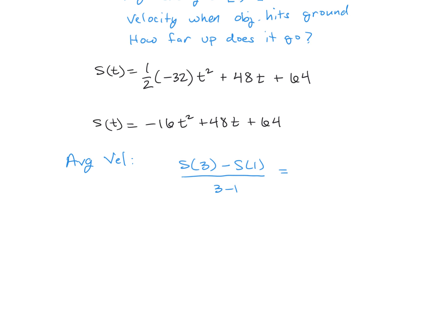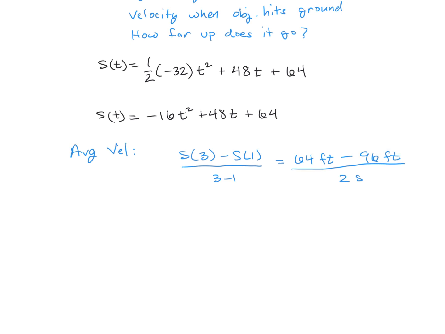S of 3, if you calculate it in this function, is equal to a positive 64 feet. S of 1, which is our displacement at 1 second, calculates out to be 96 feet. And our time is going to be 2 seconds, because that's 3 minus 1, of course.